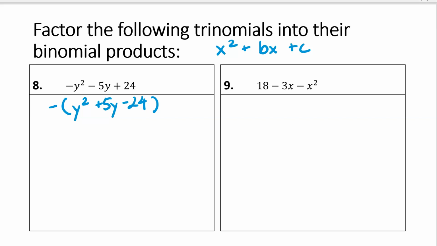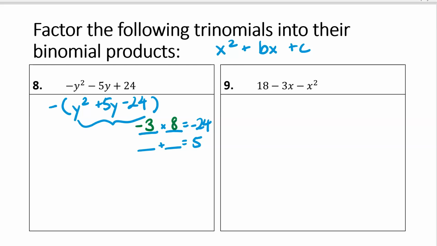Basically, we just factored out that -1. And then from there, to factor out what's inside the brackets, we're still doing the same thing, finding two numbers that multiply to give us the last term, the -24. Those same two numbers are going to add to give us the middle term, which is 5. 3 times 8 is 24.